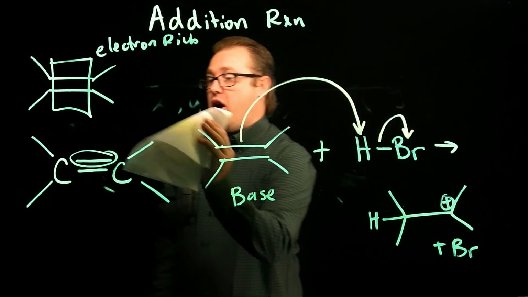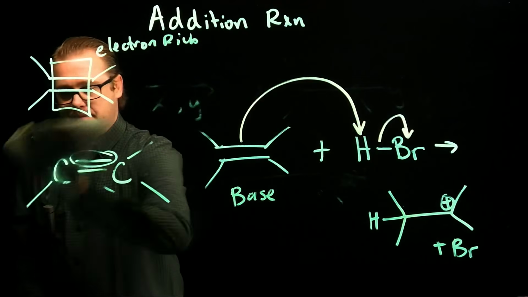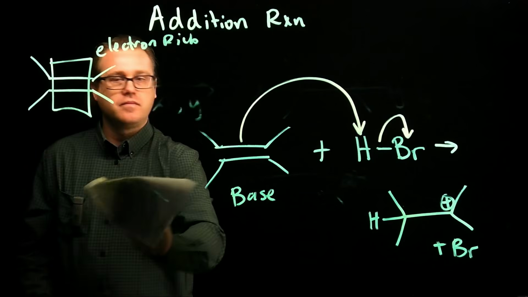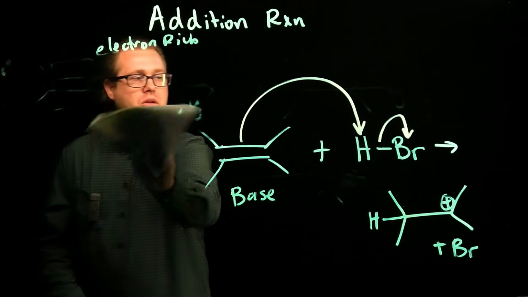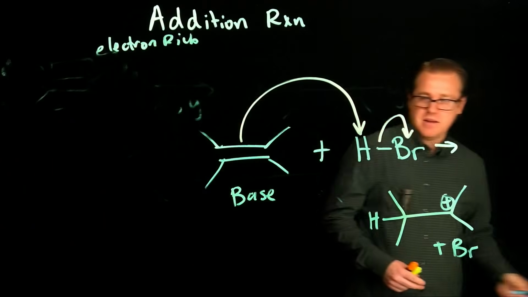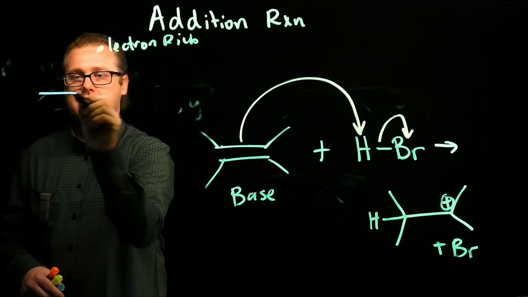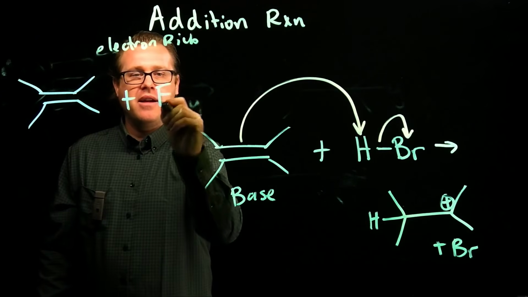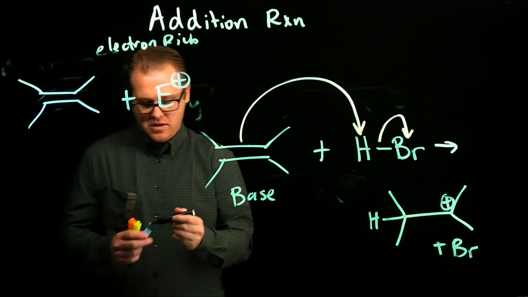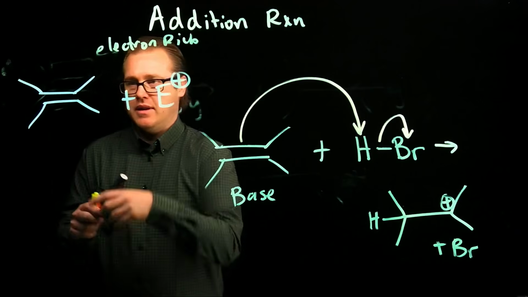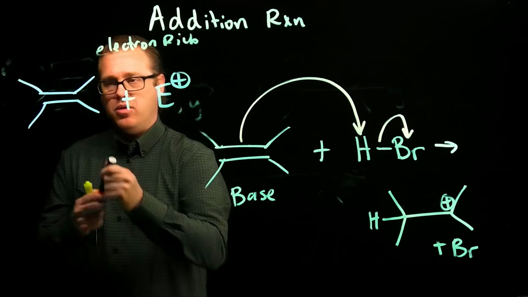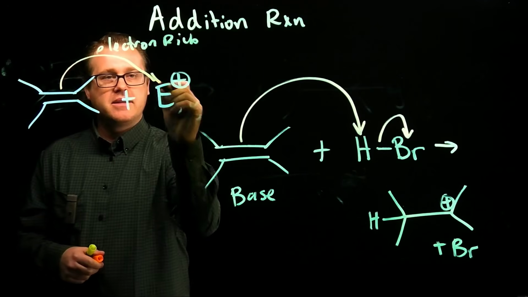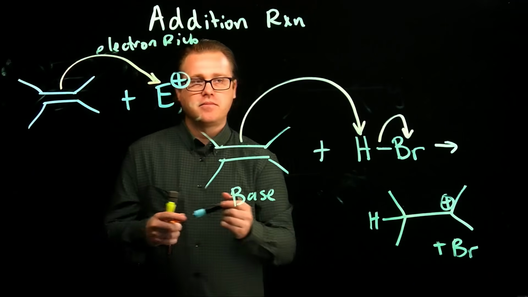The alkene can also behave as a nucleophile. So what if I had something like this? We have ourselves an alkene, and we have just a generic electrophile. What can happen? Well, this is electron-rich, that's electron-poor, and we could have something like that occur.